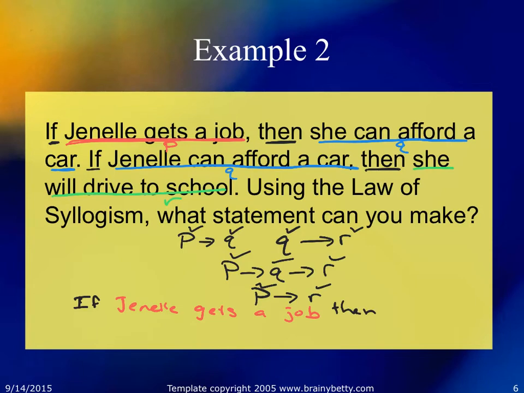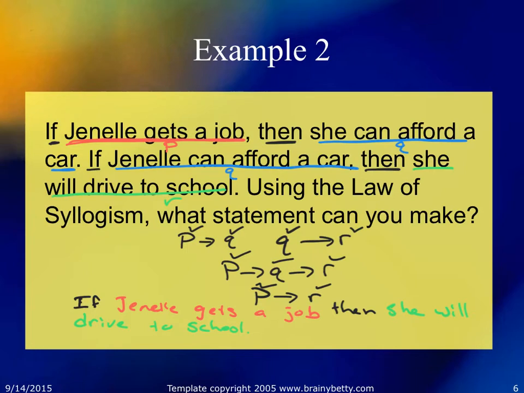Then she will drive to school. Sorry, I know that green isn't great on the eyes, but hopefully, she will drive to school.